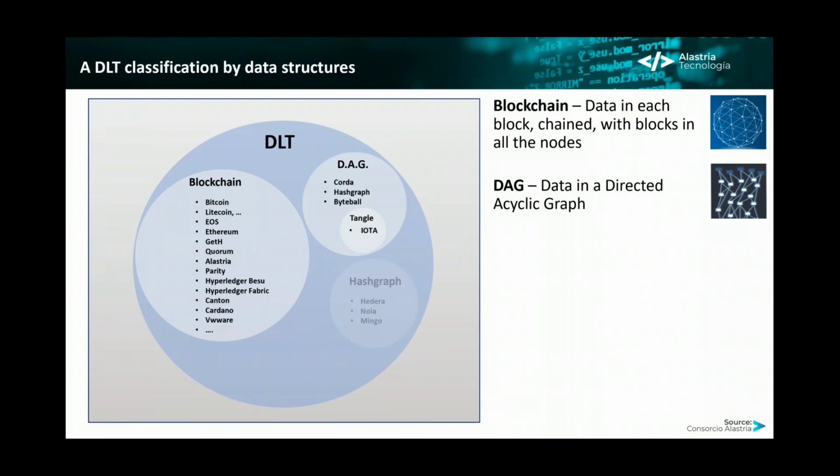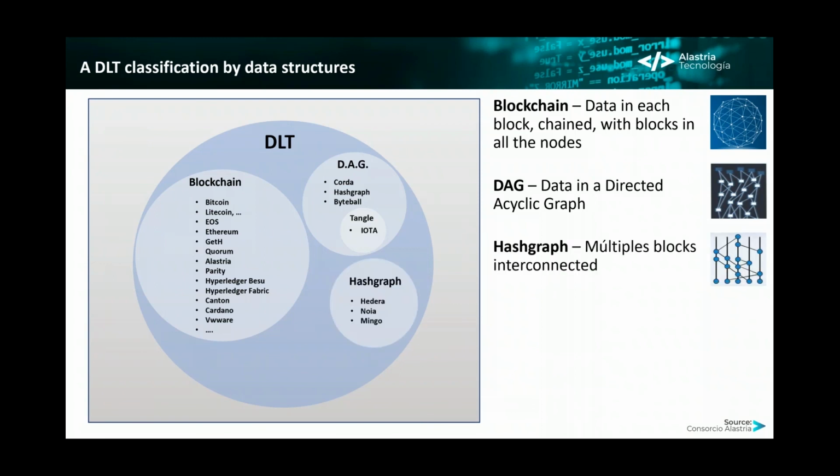The other one that maybe you know or not, is much more modern and much more current than the previous one, which is Hashgraph. In Hashgraph, the way that the data is stored in the system is interconnected. It's not one after another like in blockchain. It's not 1 to 2 like in the DAG, but it's multiple sites.